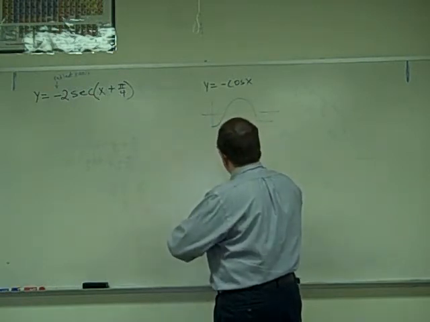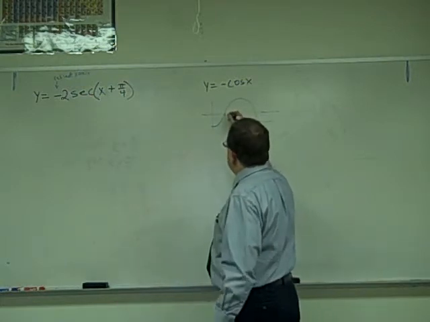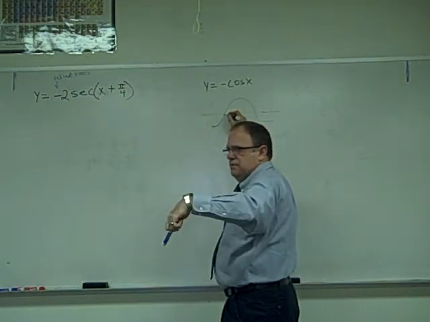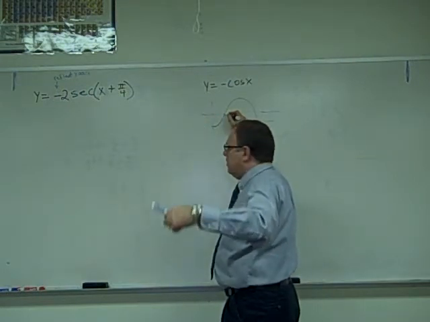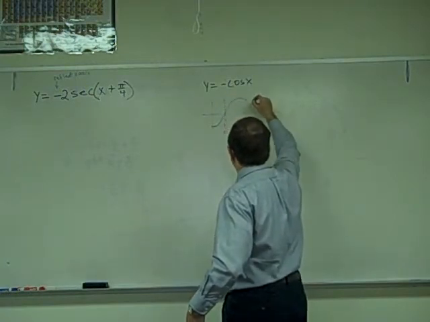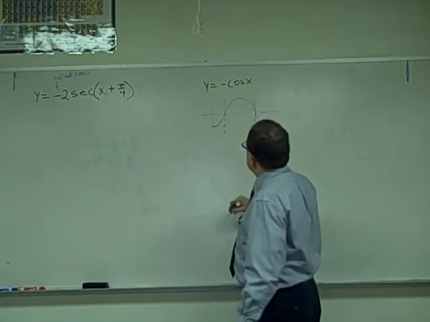And we also know that when cosine reaches 0, the reciprocal is going to be 1 over 0. So therefore we need a what? Asymptote, right? Wherever cosine hits 0. Because that's where secant hits 1 over 0.